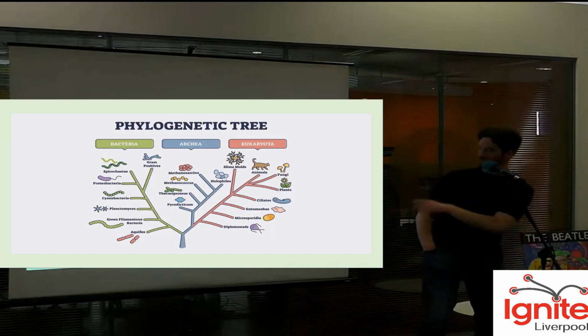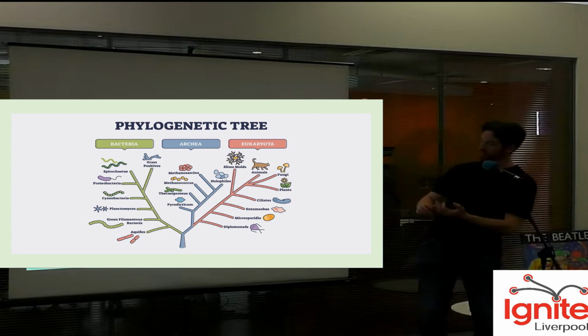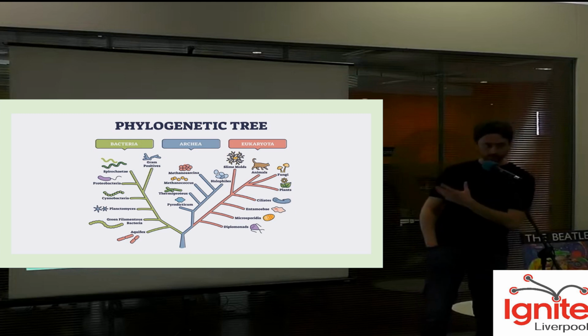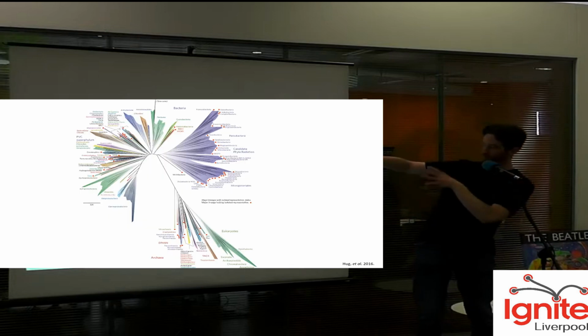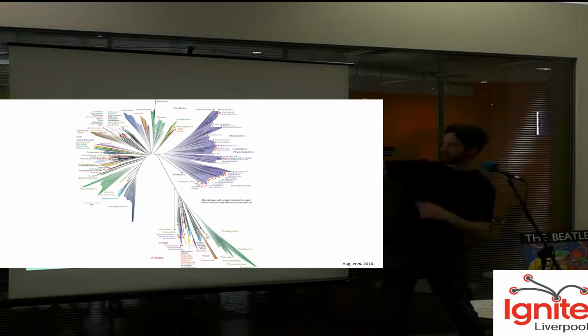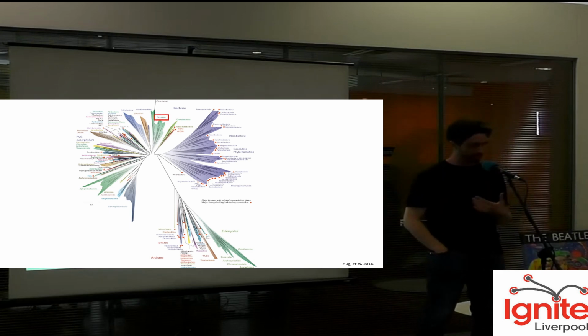If we look at the phylogenetic tree of life, you have the basic schematic: bacteria, archaea, and eukaryotes, which is where we're found along with plants and all the other complex life forms. That's what you're taught at school. It's quite a simplistic idea, but in reality, it's a far more complex structure. The organism that we handle is hidden up here, the Firmicutes phylum, and it's heliobacteria that we're working with.